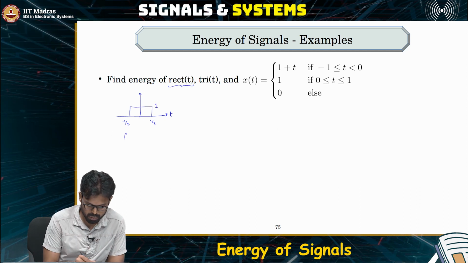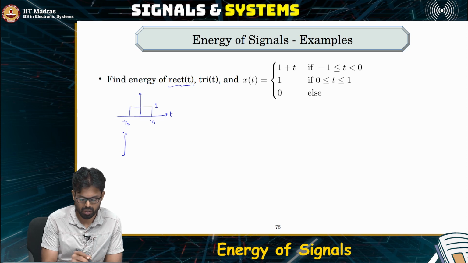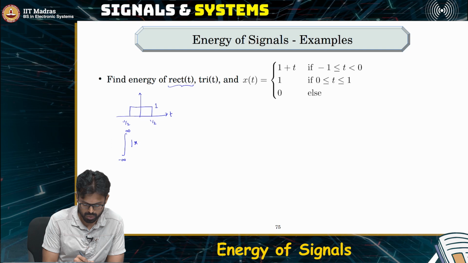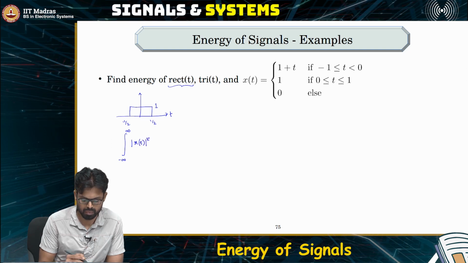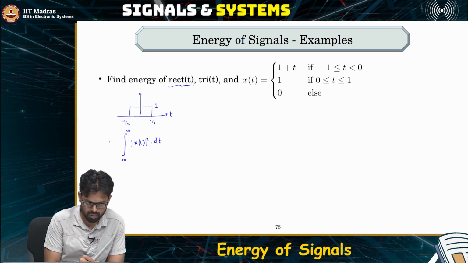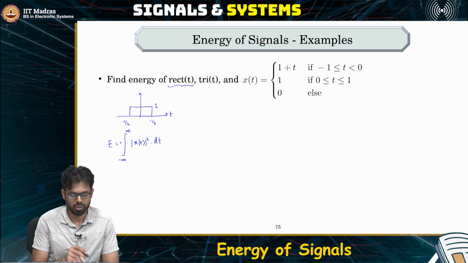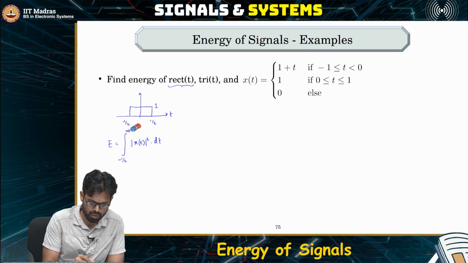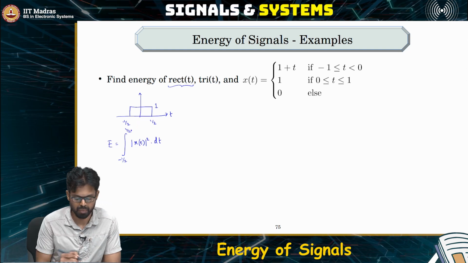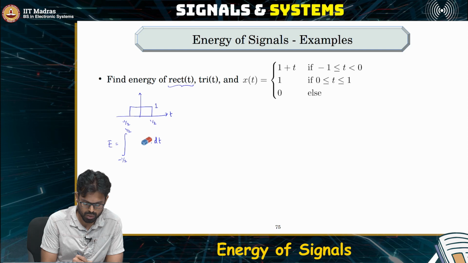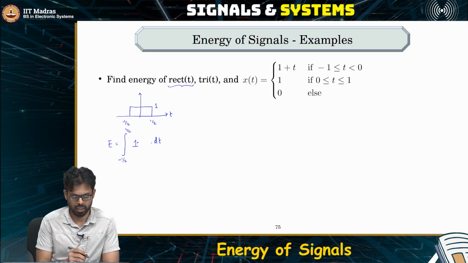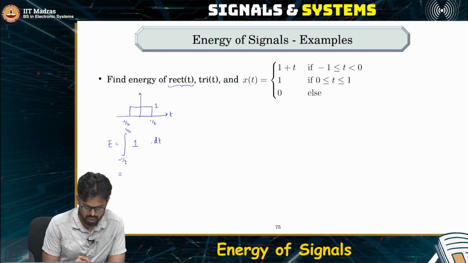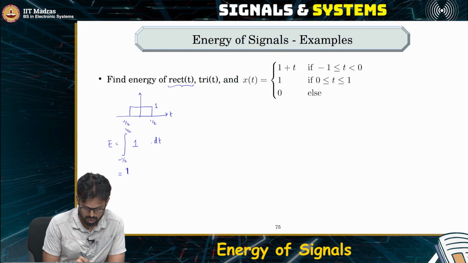When you compute this integral from minus infinity to plus infinity of the squared magnitude dt, the signal's value is 0 outside minus half and plus half, and the signal's magnitude squared is 1 within it, which means the energy here is just 1.